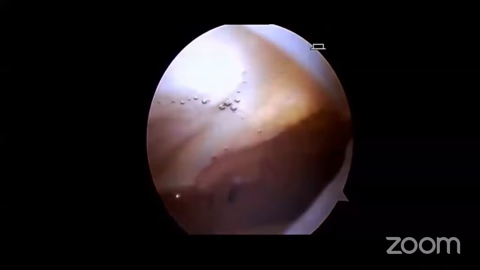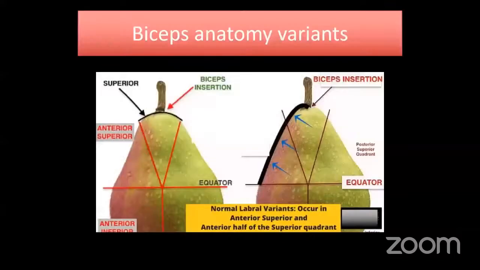So that takes care of our diagnostic round. So we've covered 10 points, 8 within the joint and 2 which were on the bursal side of the joint.